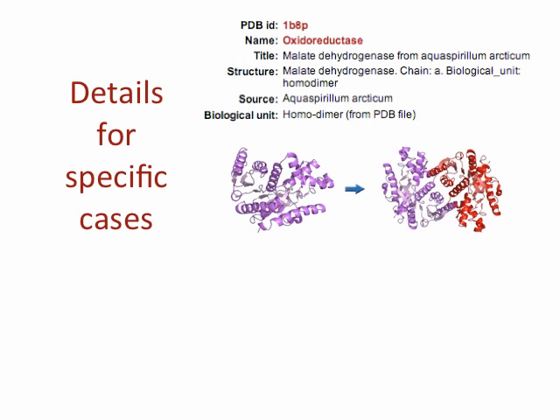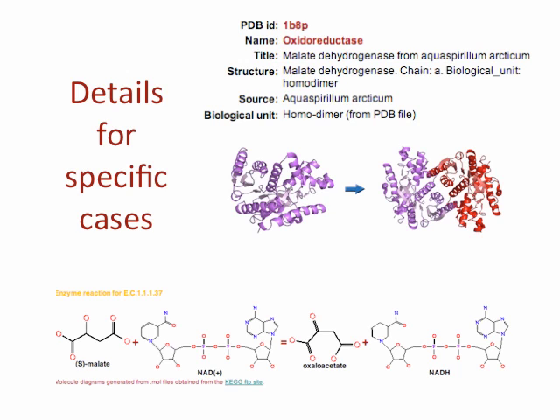In this case, there are two subunits to the enzyme that are the same, and they form a homodimer, that is the active form, and that enzyme can catalyze the reaction shown below, where malate goes to oxaloacetate, and an electron is transferred to, I should say, a redox equivalent is transferred to NAD to form NADH.